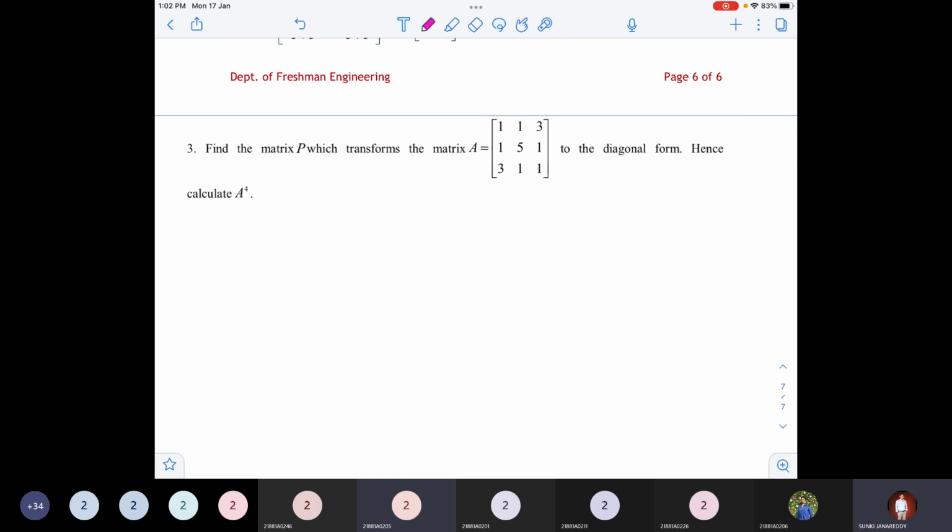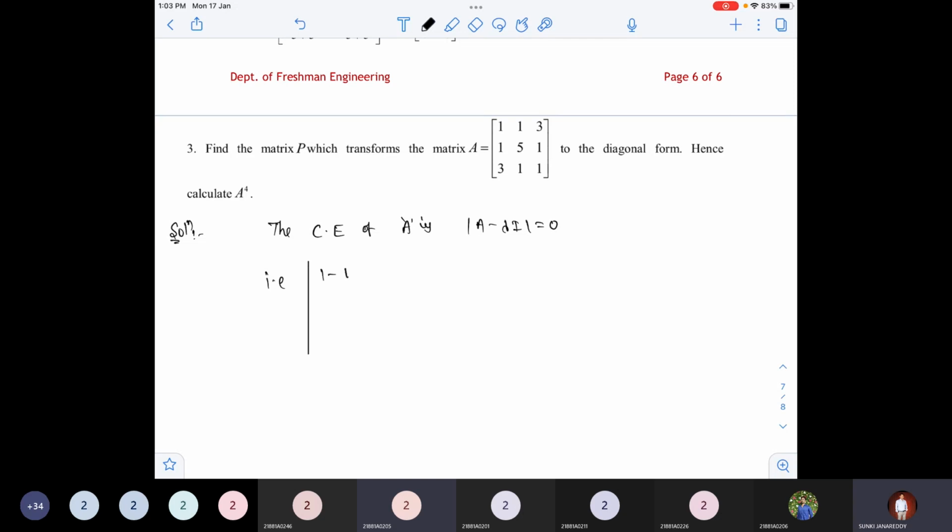Solution. The characteristic equation of capital A is determinant of A minus lambda I equal to 0. All of you write the characteristic equation first.